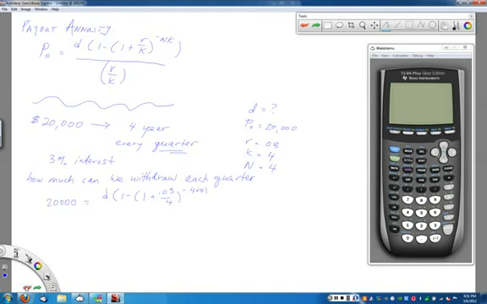I do want to put that negative 4 times 4 in parentheses. Close that off, and then it's all divided by R divided by K, which was 0.03 divided by 4, which is the number of compounding periods.